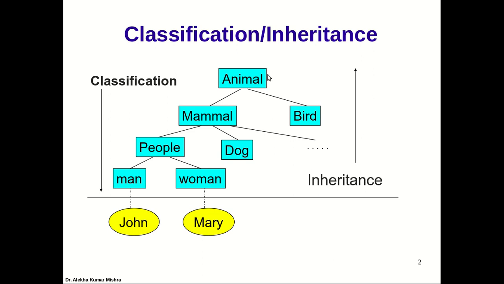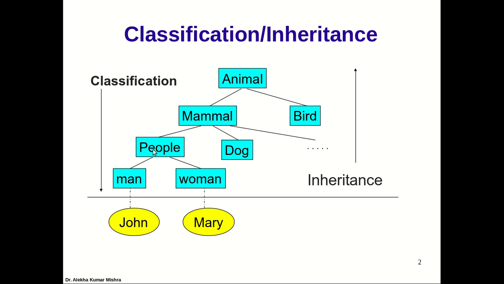Let's take this example that has been displayed here. We have animal. An animal can be a mammal or a bird, so that means we are classifying. Animal is classified into, let's say, 2 categories here, mammal and bird. Again, the mammal is classified into further categories, let us say people, dog, and other mammal categories.